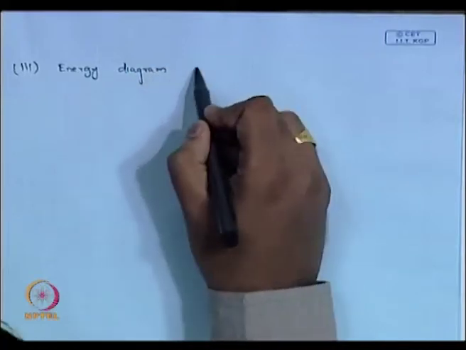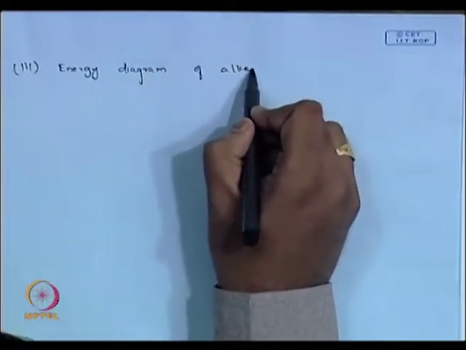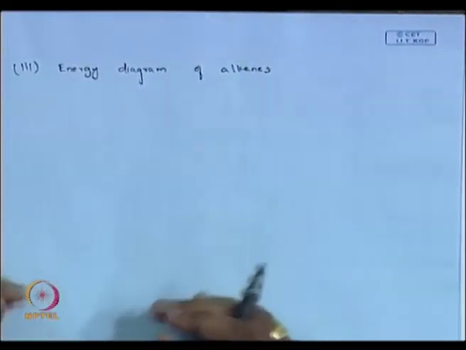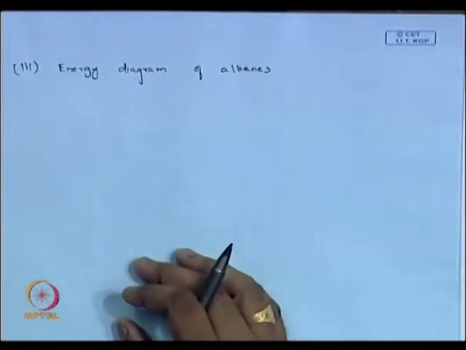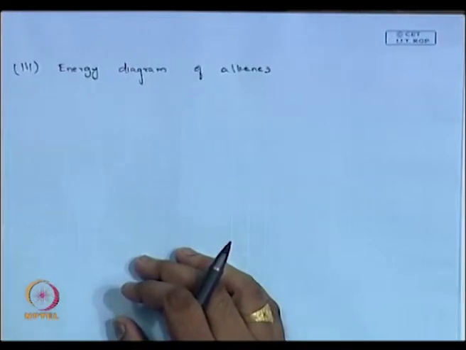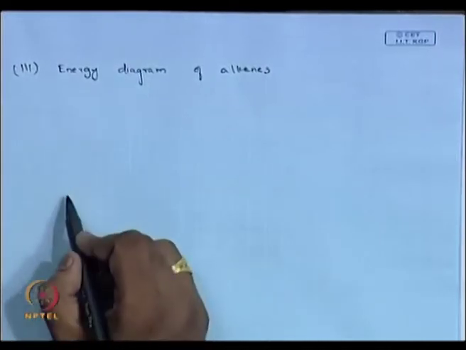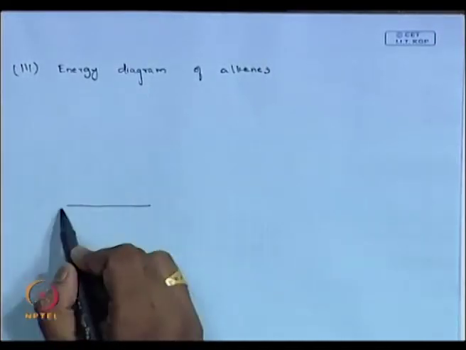We will just see the energy diagram of alkene and see whether we can sort these reactions, whether all these reactions are going to happen or some predominating reactions are going to happen, that we can think about. So, you know pretty well how to write your alkene.